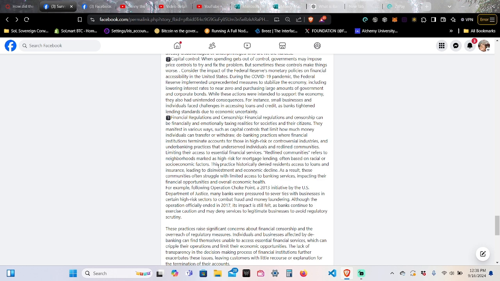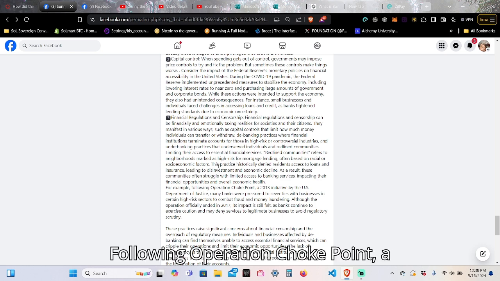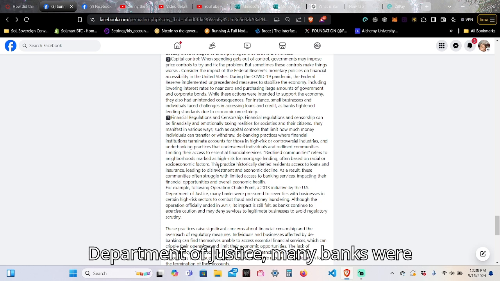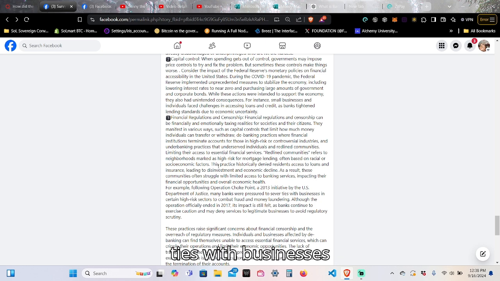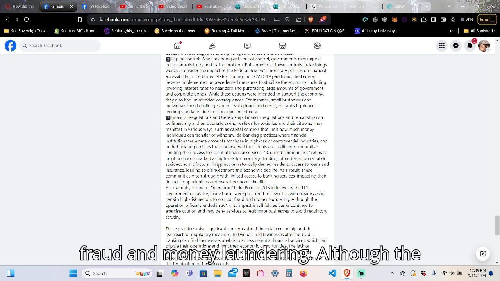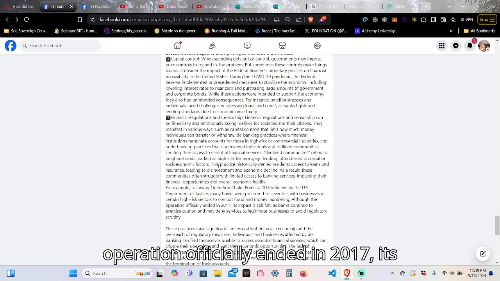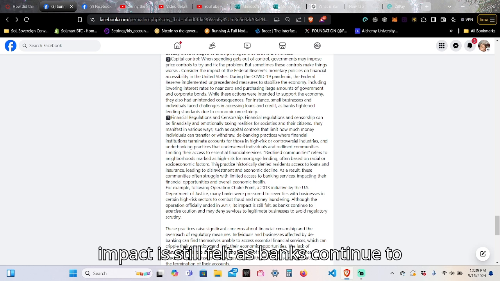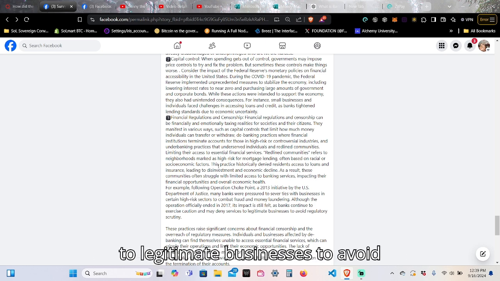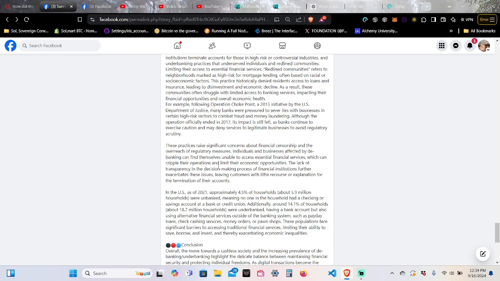For example, following Operation Choke Point, a 2013 initiative by the U.S. Department of Justice, many banks were pressured to sever ties with businesses in certain high-risk sectors to combat fraud and money laundering. Although the operation officially ended in 2017, its impact is still felt as banks continue to exercise caution and may deny services to legitimate businesses to avoid regulatory scrutiny.